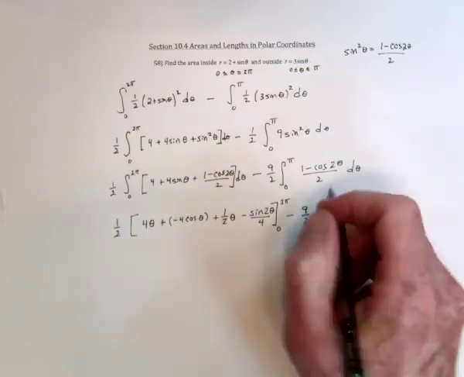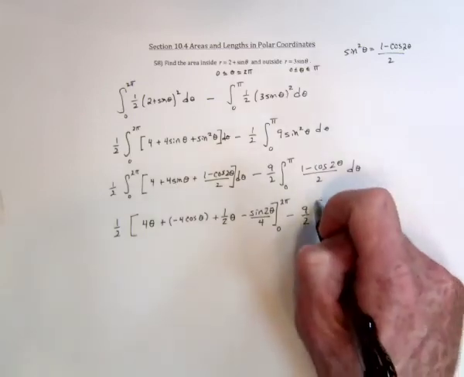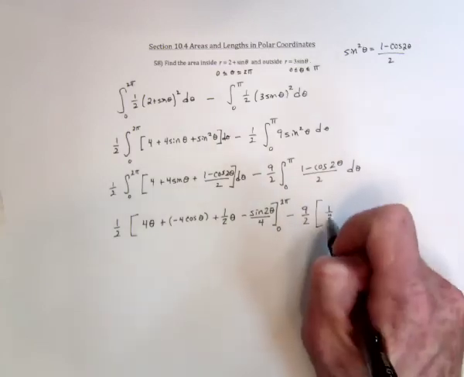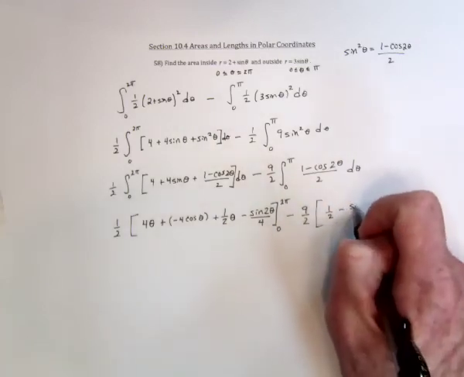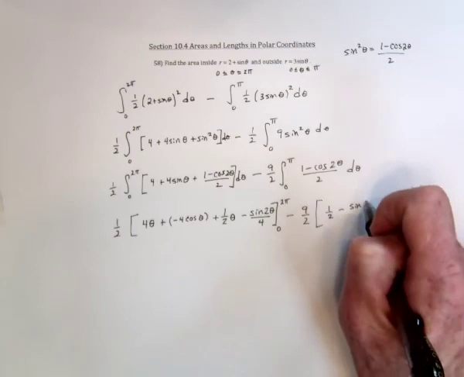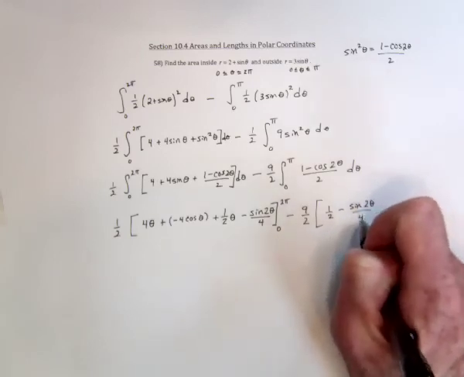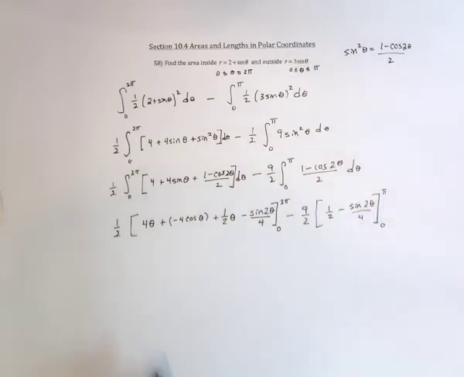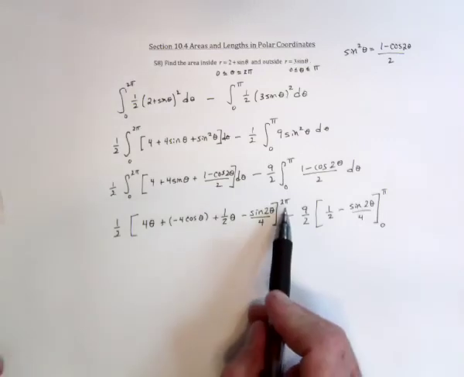Minus 9/2, and then this is going to be 1/2 theta, and then minus sine of 2 theta over 4, evaluated from 0 to pi. Now substitute 2 pi.